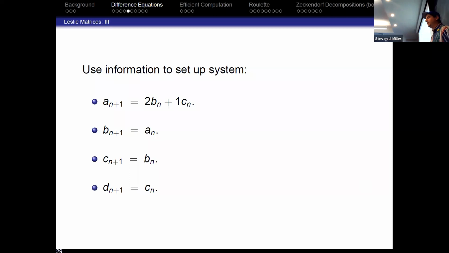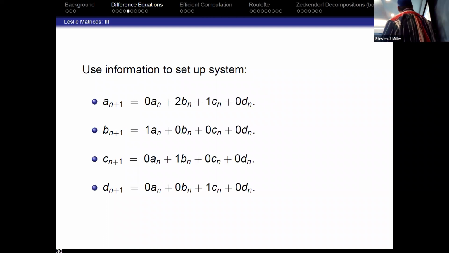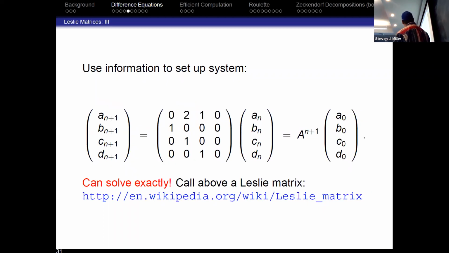Now, this is a perfectly fine way to write it, but it's not illuminating. A lot of this class is trying to talk to you about how to write things in a more illuminating manner. If I write it like this now and I expand things out, doesn't this look like a matrix form problem now? And it's screaming at you, please define a matrix like this, so that my new vector at n plus 1 is this matrix applied at time n.